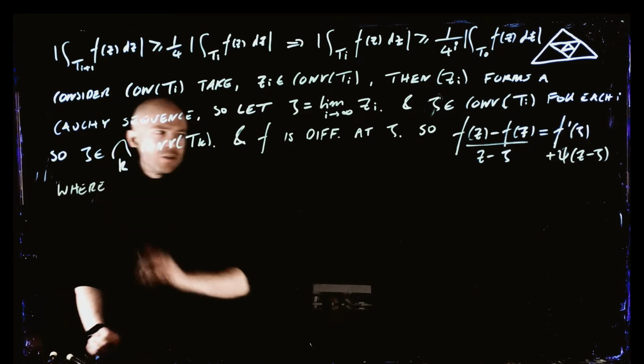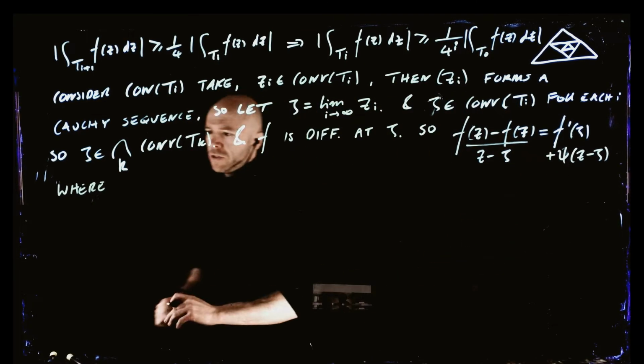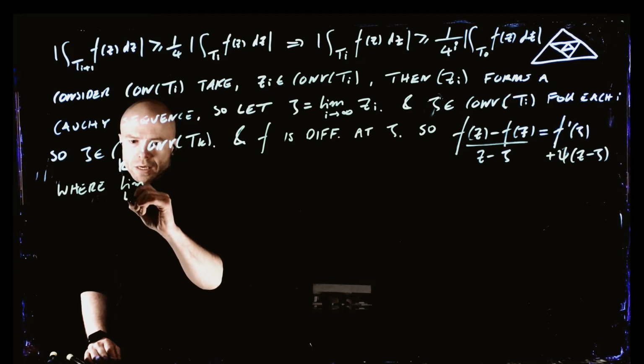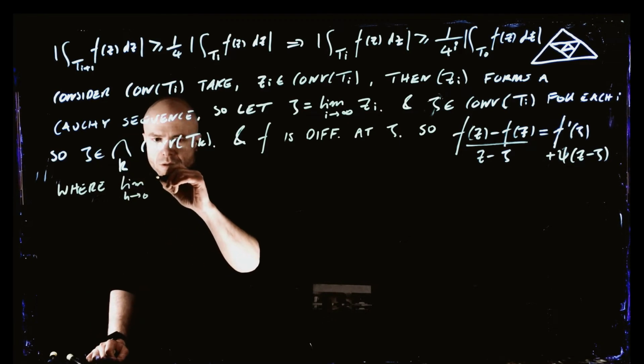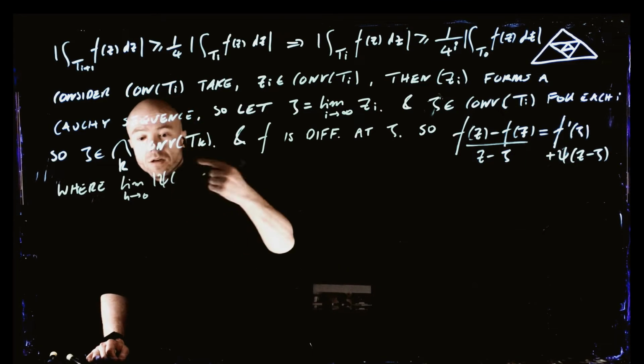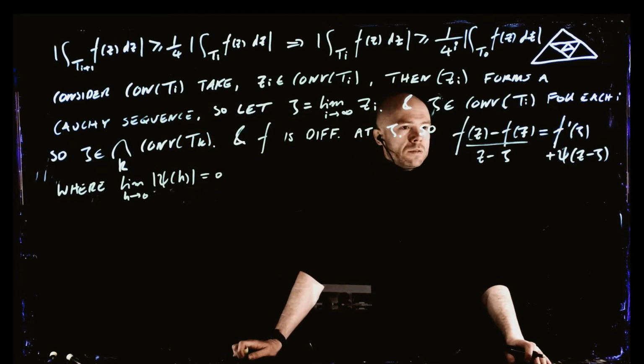Actually, since it's an error function, let's just call it e. No, I'm not confused, exponential. Let's call it phi, where the limit as h goes to 0 of the absolute value of phi is 0. So phi is a complex valued function from the complex plane with this thing.